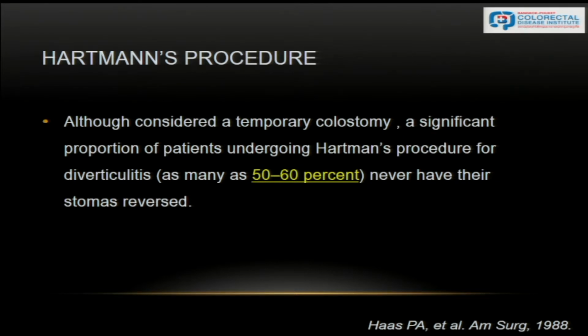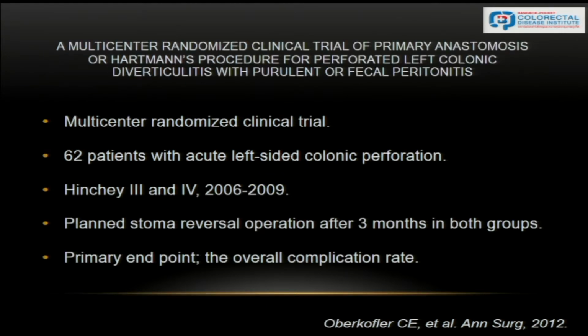And another thing to look at is, once we perform the Hartmann procedure for the patient, around 50 to 60% of the patients would never come back for the reversal. It might be that the mortality and complications related to the Hartmann reversal are quite high, so most of the surgeons would refuse to reverse the Hartmann for the patients.